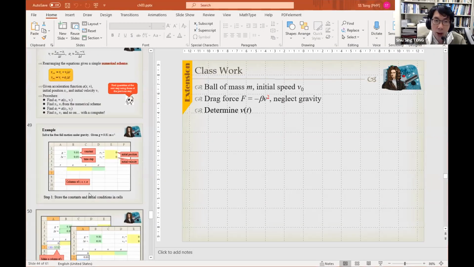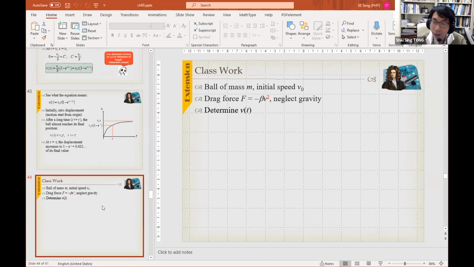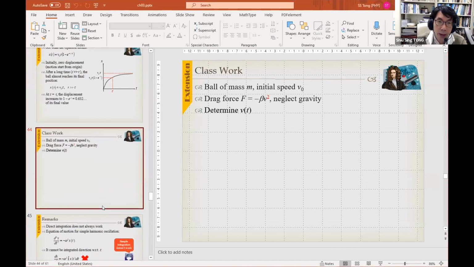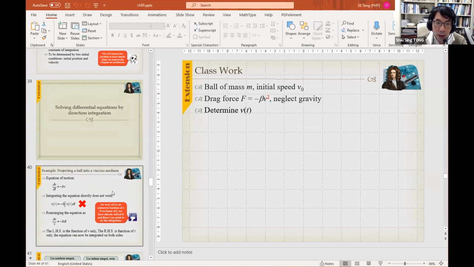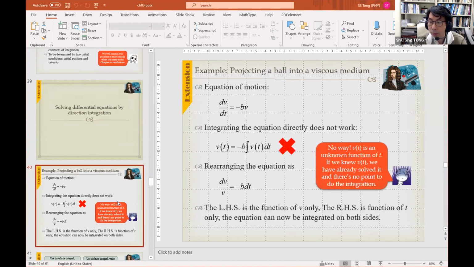But we have also discussed using other methods to solve those differential equations. Especially, we introduced the method of using integration to solve that simple differential equation. Instead of guessing the solution, the equation of motion can be integrated by rearranging the differential.